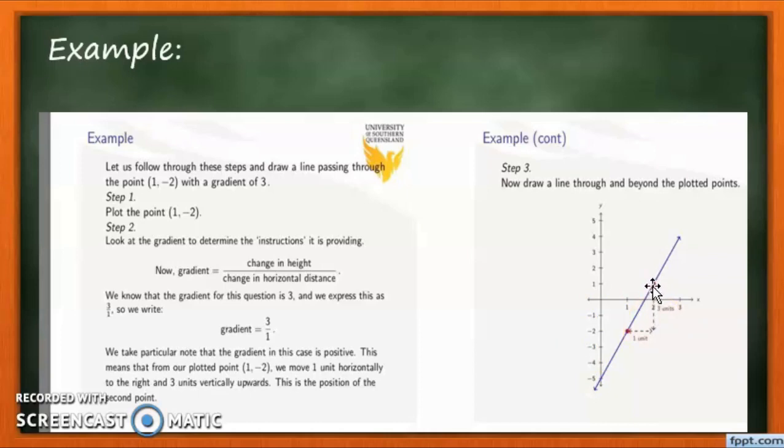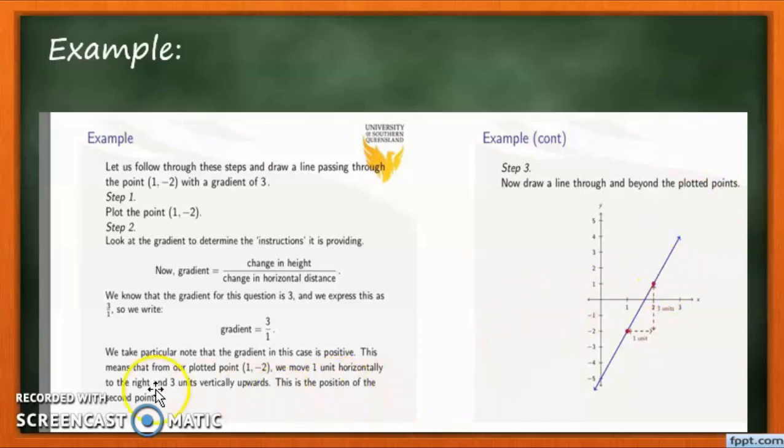That second point now is (2, 1). So after you get your second point, you draw a straight line through it, and that's how you draw a line given a gradient and a point.